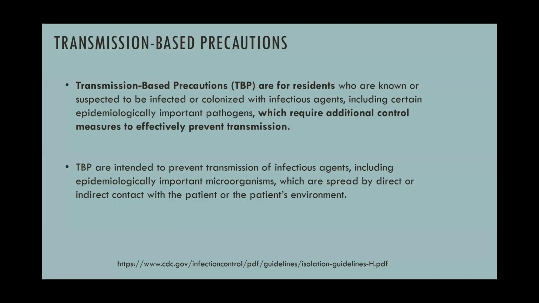Transmission-based precautions are for residents who are known or suspected to be infected or colonized with infectious agents, including certain epidemiologically important pathogens, which require additional control measures to effectively prevent transmission. They are intended to prevent transmission of infectious agents, including epidemiologically important microorganisms, which are spread by direct or indirect contact with the patient or the patient's environment.